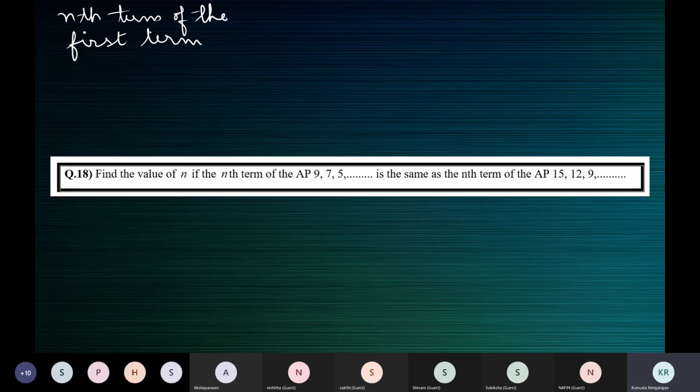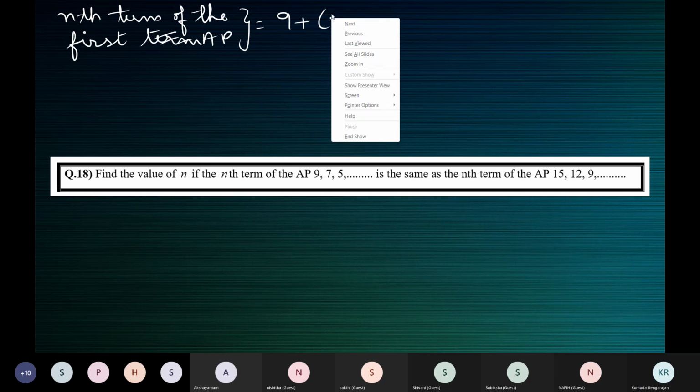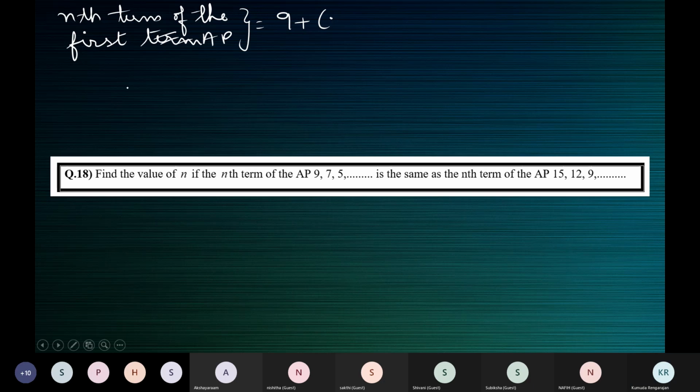The nth term of the first AP. What is it? A plus n minus 1 into D. So 9 plus n minus 1 into D. What's the value of D?